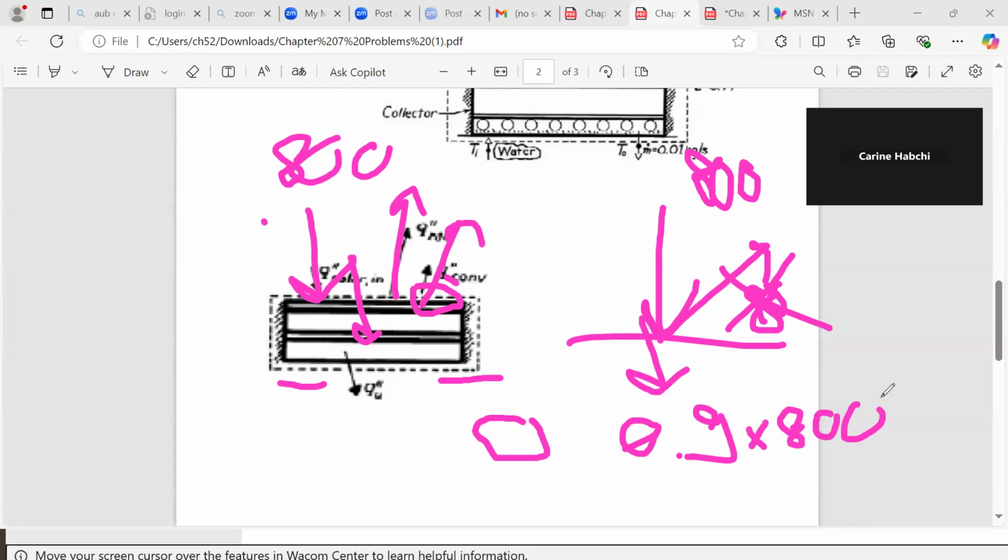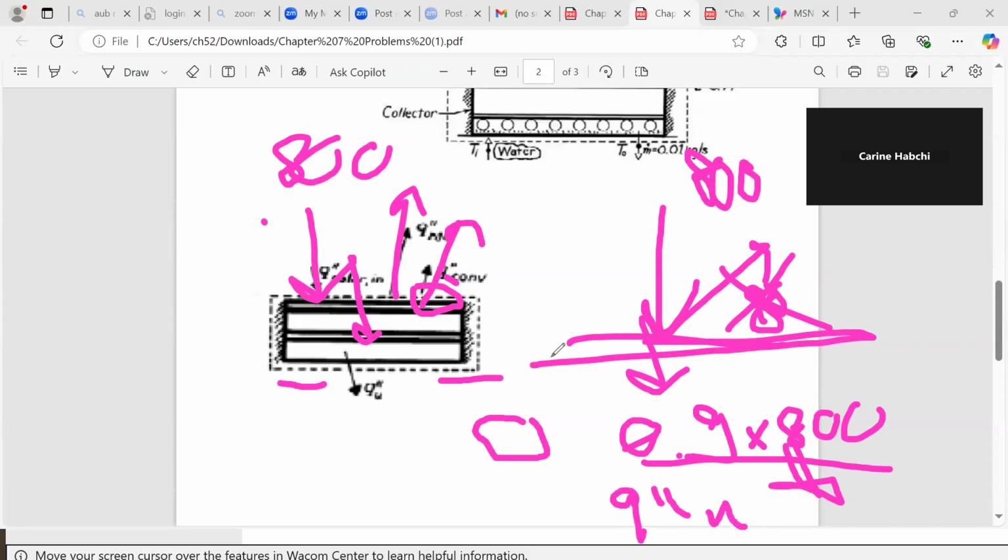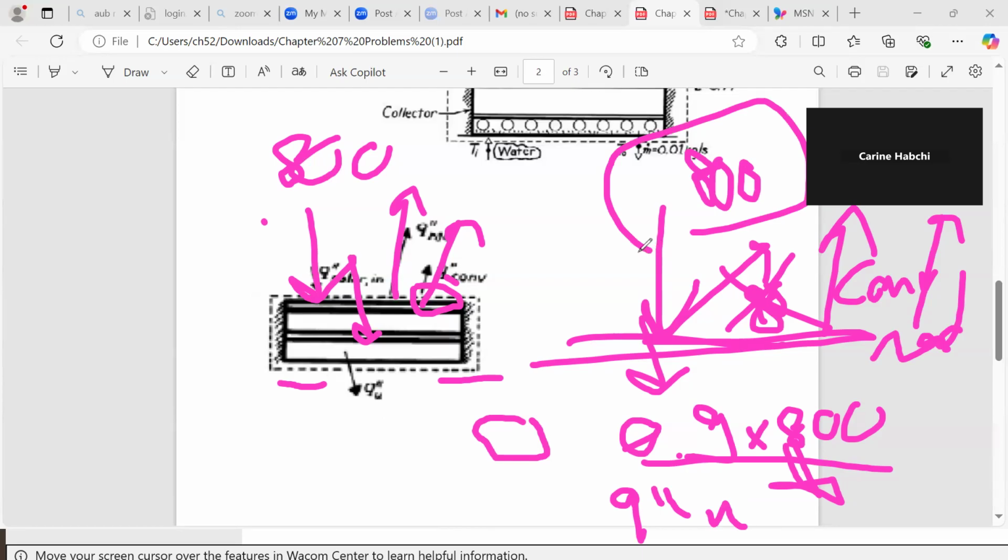Now this absorbed part is divided into three fluxes. One that will go to water, and this is the useful, Q double dot useful. But since the temperature of your glass is larger than the temperature of the surroundings, you will have losses by both convection and radiation. So these also are losses. And at the end, what is the maximum possible value you can get? 800. For the efficiency, I use 800 as the maximum. Yes, I use useful over max.